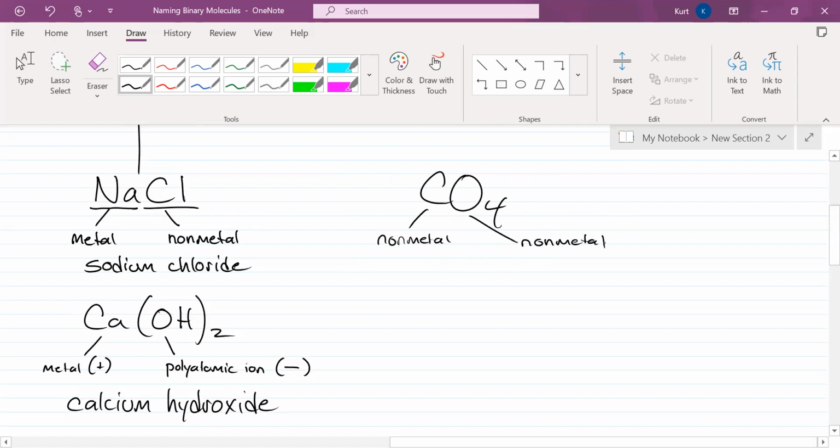So is this ionic or is this molecular? This is molecular. Two non-metals. So do we use prefixes? Yes. What would the name of this be? Carbon tetroxide or tetraoxide. All right.